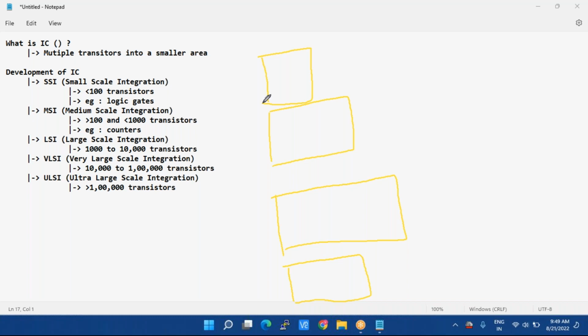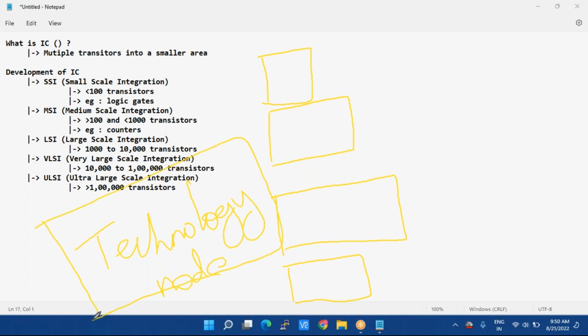So there is a term called technology node. By using this technology node, the area of that circuit is dependent. For each and every circuit, for each and every gate, it is dependent on this technology node.